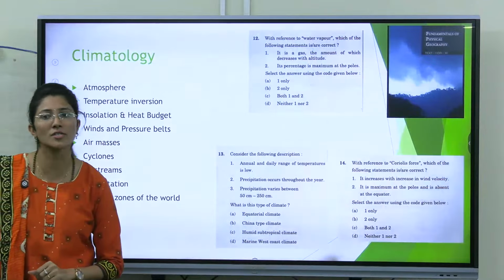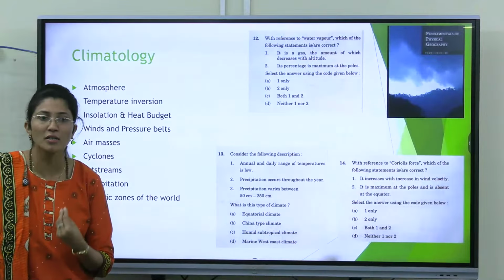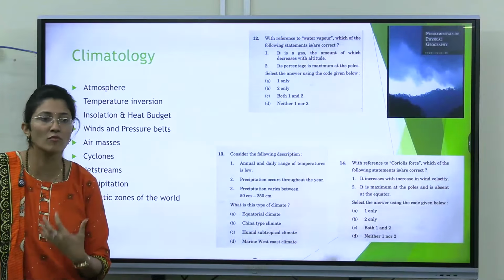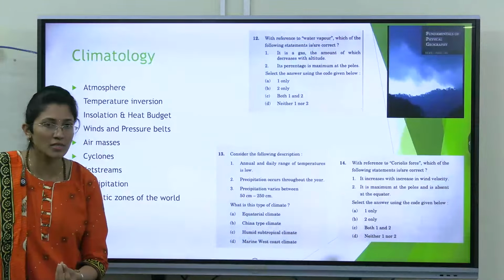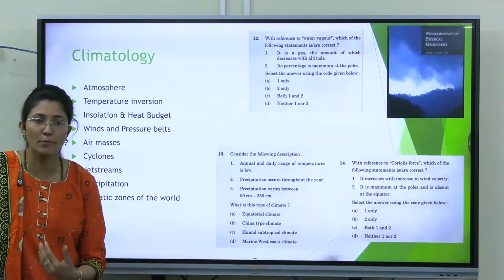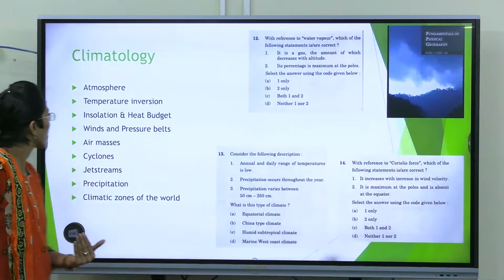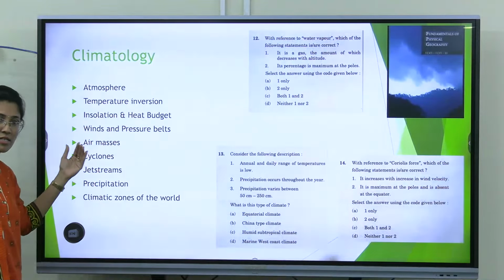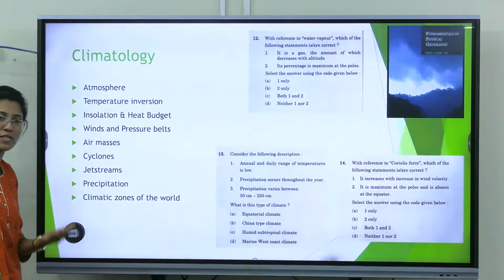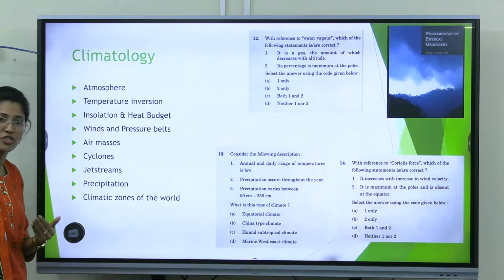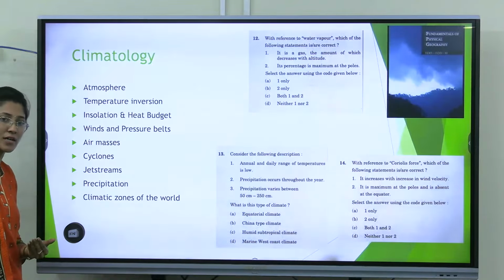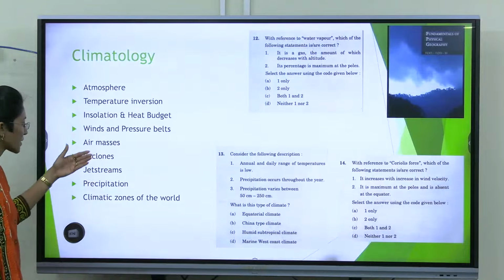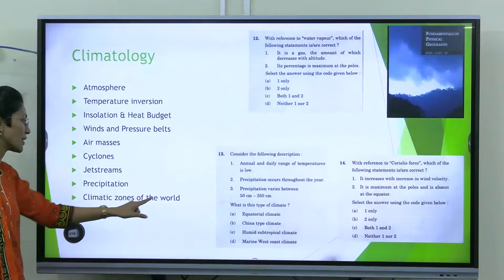Climatology, nothing but atmosphere. We try to study atmosphere, the layers of atmosphere, right? The winds, planetary winds, pressure belts, insolation and heat budget, air masses, cyclones, how cyclones are formed, tropical cyclones, temperate cyclones, jet streams, which are the global conveyor belts in the upper troposphere, precipitation, and this is important, climatic zones of the world.